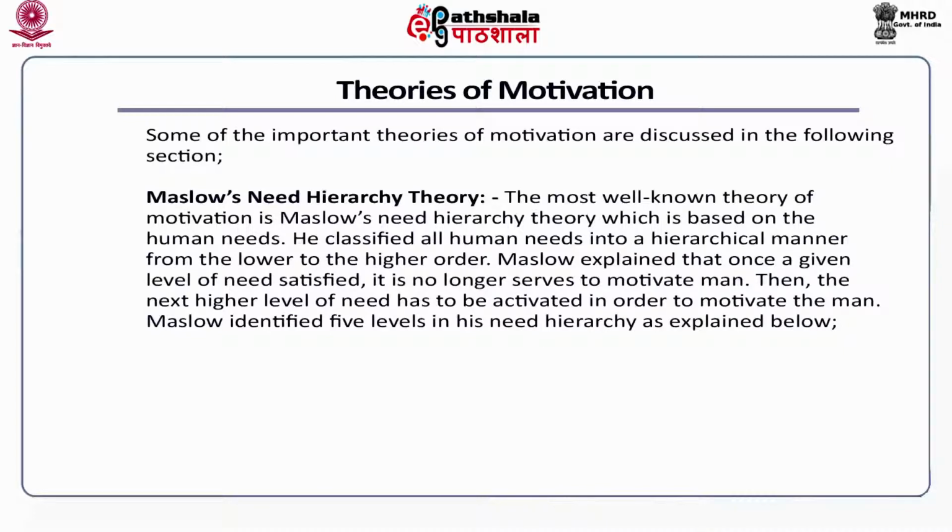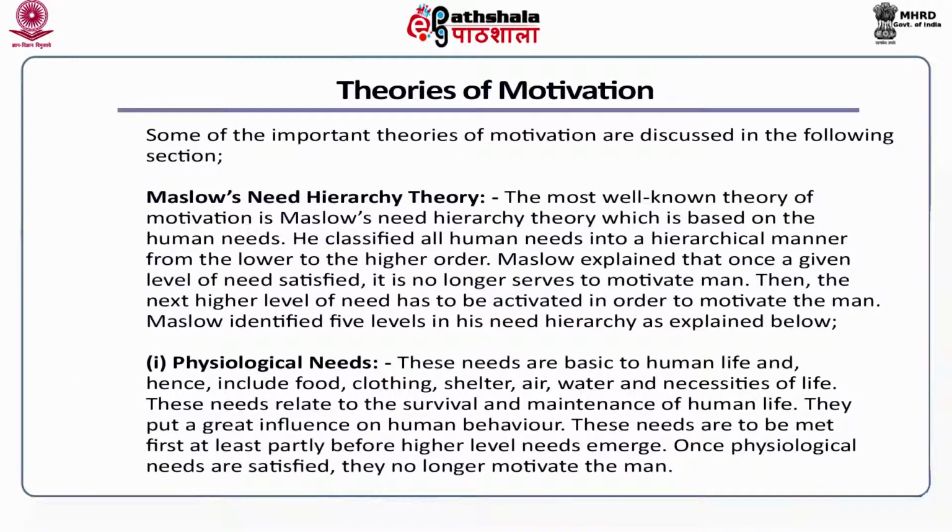In detail, the different needs given by Maslow's hierarchy theory are explained as follows. First need is the physiological needs. These needs are basic to human life and may include food, clothing, shelter, air, water and necessities of life.